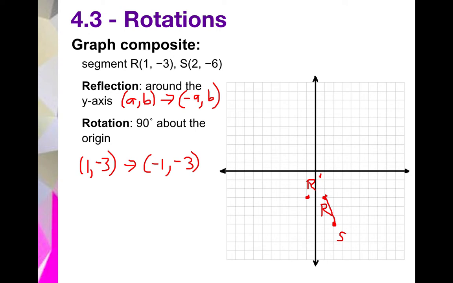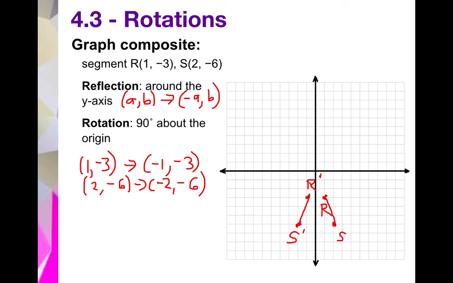Same thing with S, 2, -6. It becomes -2, -6. So -2, 1, 2, 3, 4, 5, 6. There's my S prime.